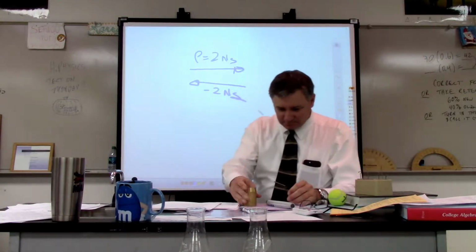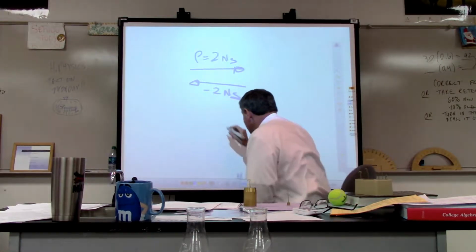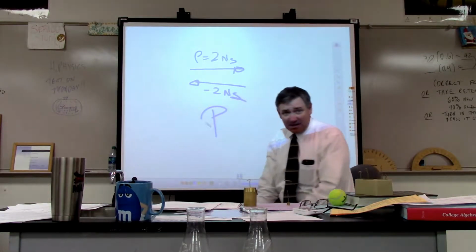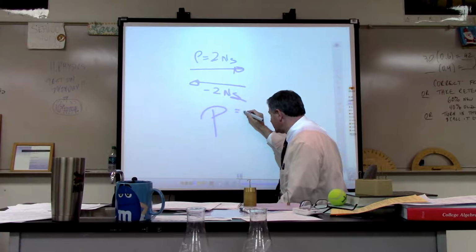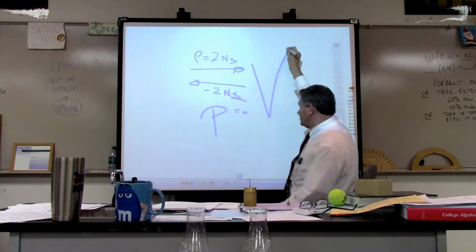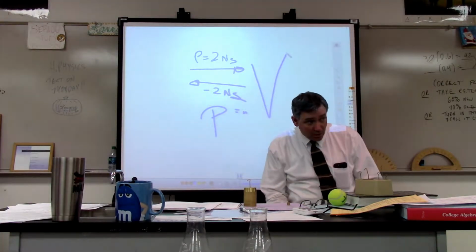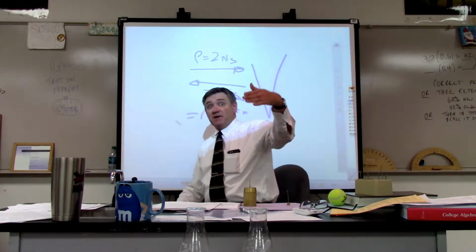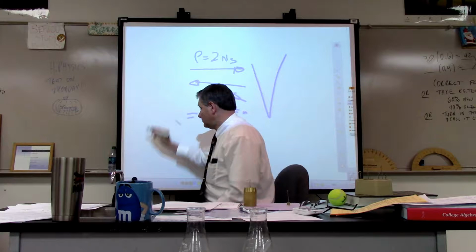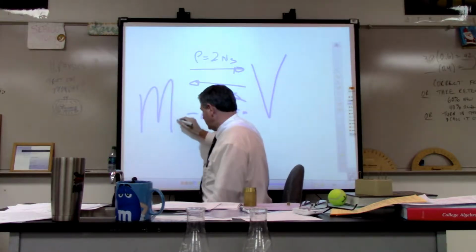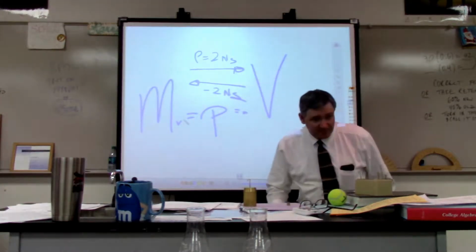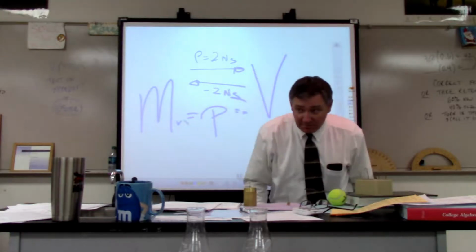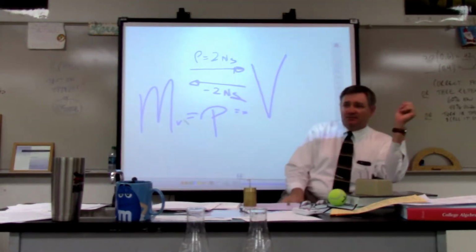So one option is that since momentum is mass times velocity, I could have a small mass moving very quickly, to balance that out, and then I'd have the large mass moving very slowly. Now, right now, what's the momentum of the two objects? 0.